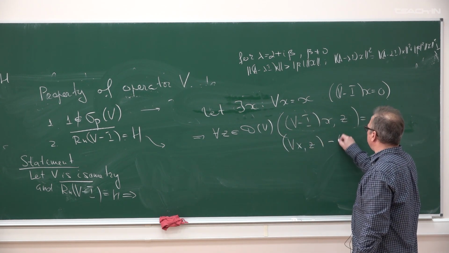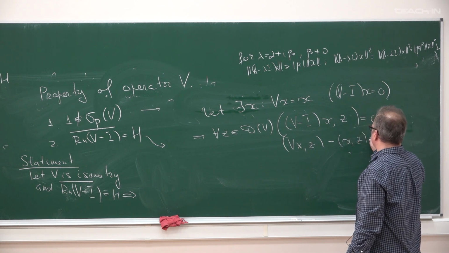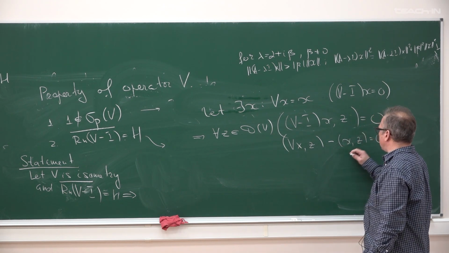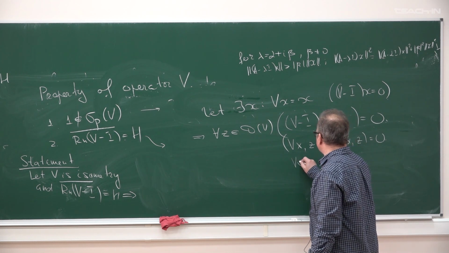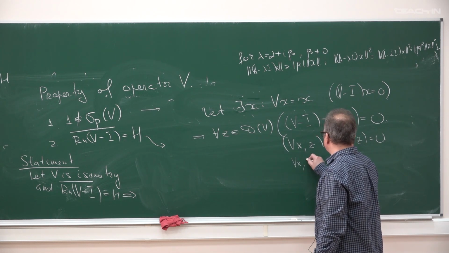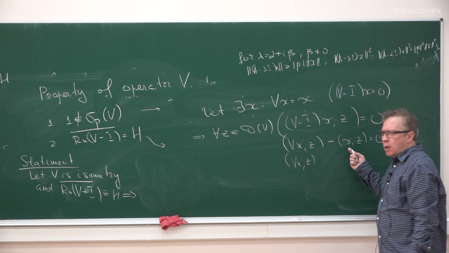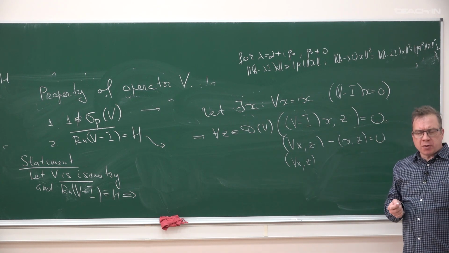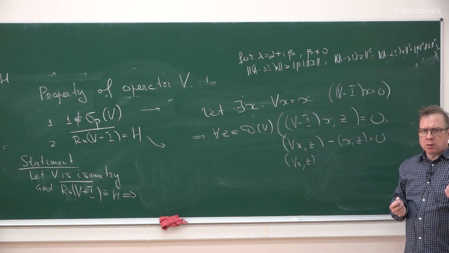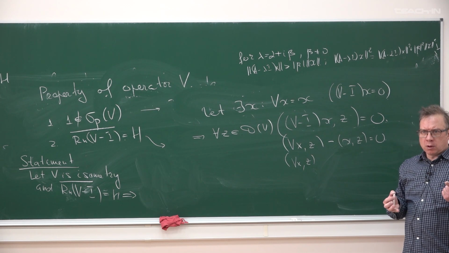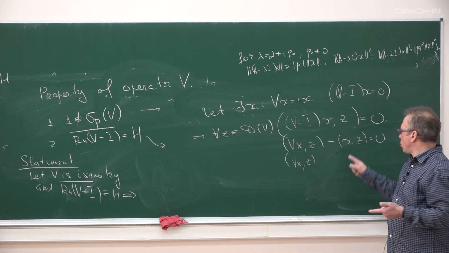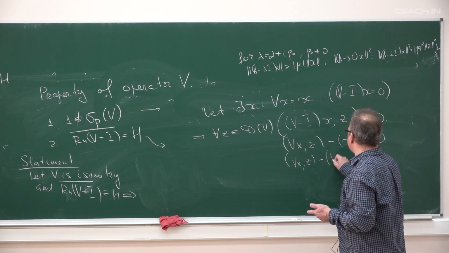But our operator is an isometry, it preserves the scalar product. So this scalar product equals this scalar product.